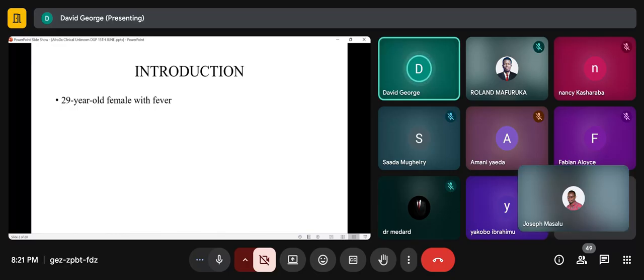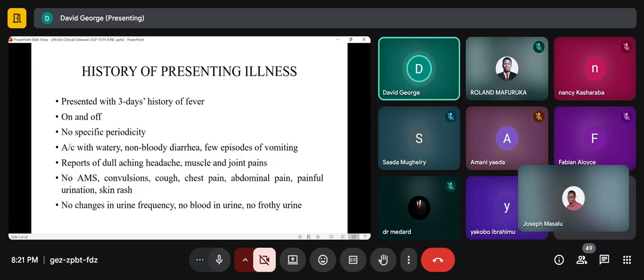Yeah, good start. So here is the short HPI. This patient presented with a 3 days history of fever. So that was prior to presentation at the hospital. Maybe I should say I saw this patient first when she was admitted, and other people took over and continued with the patient. So the fever was on and off. It was of no specific periodicity.